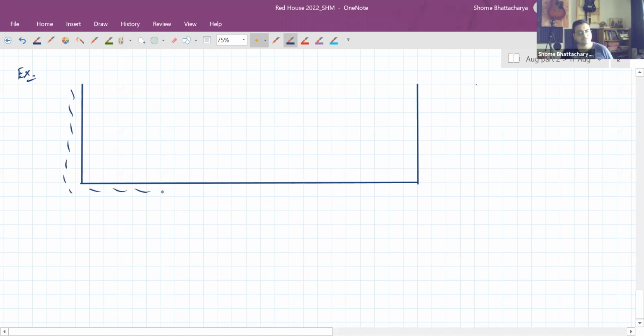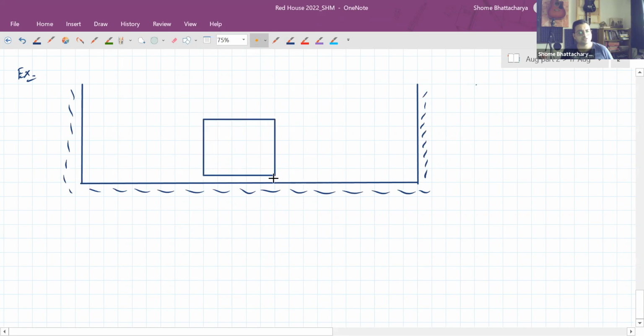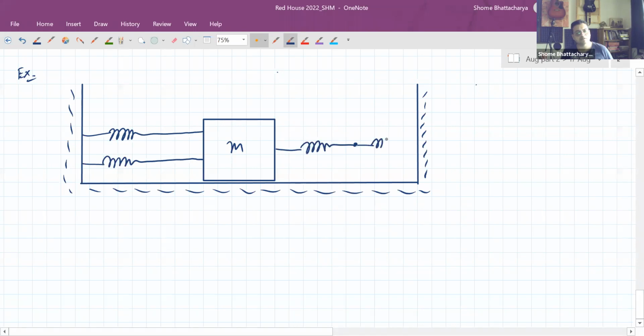So we have this kind of a system: a smooth floor and two rigid walls, and we have kept an object like a block over here. There are two springs connected like this, and then another two springs connected like this over here.